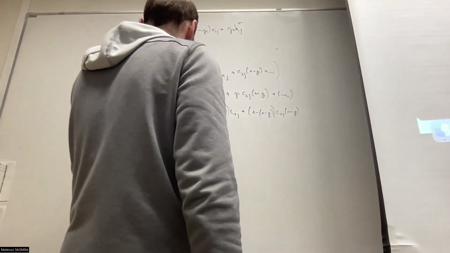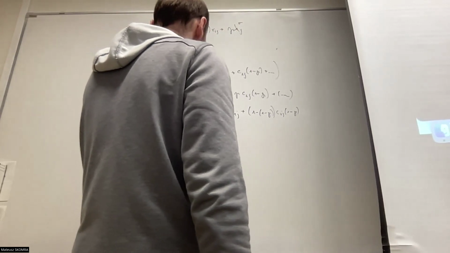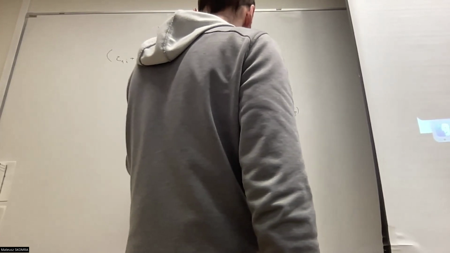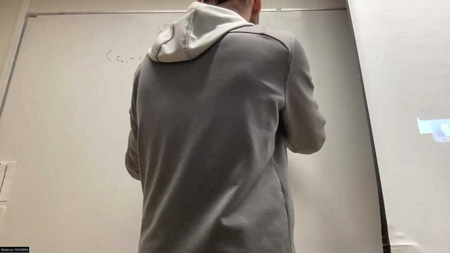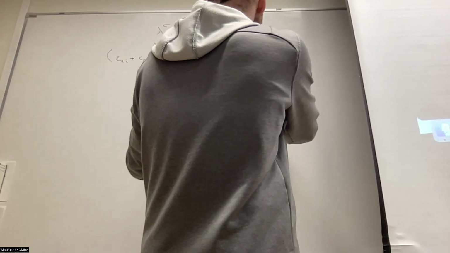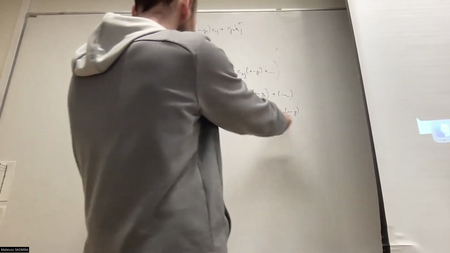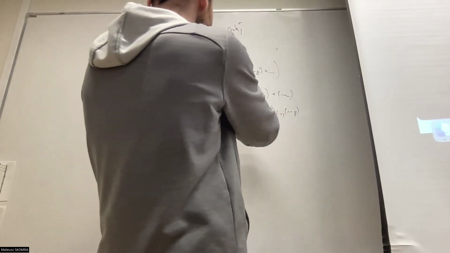Now I get what? J plus C1J. This is your first order term, the term without 1 minus gamma.